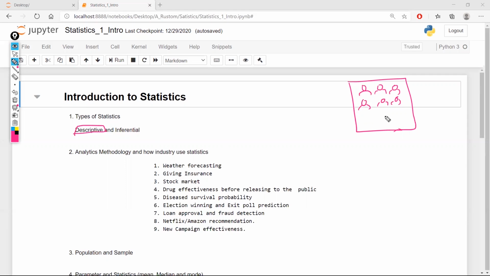Suppose the class has maybe 30 students. I will be able to tell you what the average score is that students are getting in my class, because I know how each and every student is going to score in each and every test or exam. So I will be able to read them.